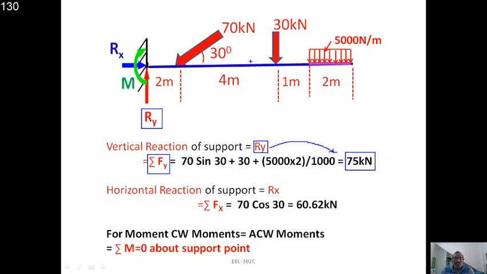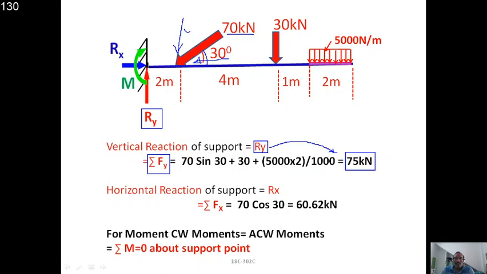For this, what calculation is required? Consider all the vertical loads. The 70 kilonewton load is at an angle of 30 degrees with respect to the horizontal. So I am resolving it into two components, one vertical and another horizontal.